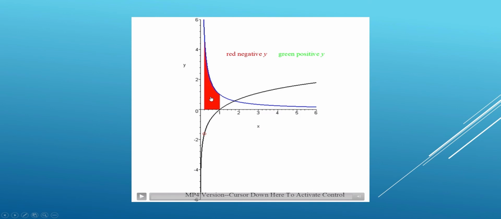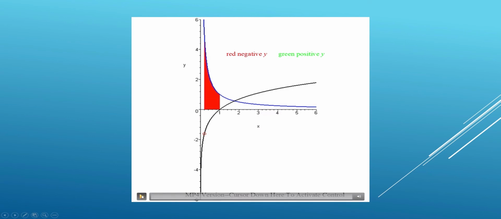If you compute that area, which in fact would be the integral from this 1/5 up to 1, which is negative the integral from 1 to 1/5, the actual value of the natural log of x for x equal to 1/5 is going to be negative. Here's the corresponding point on the graph of the natural log function, the natural log of 1/5.